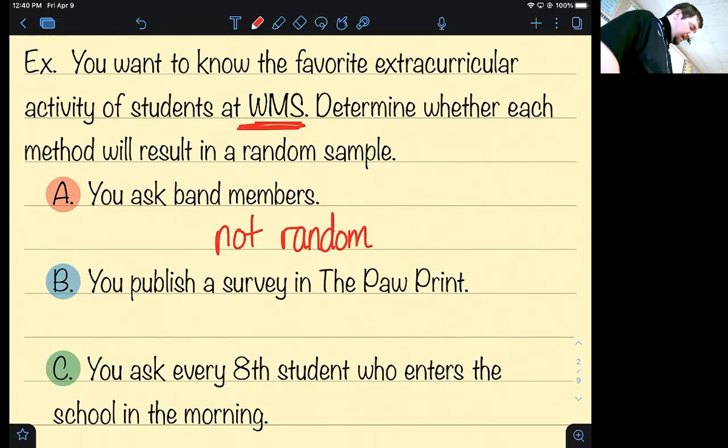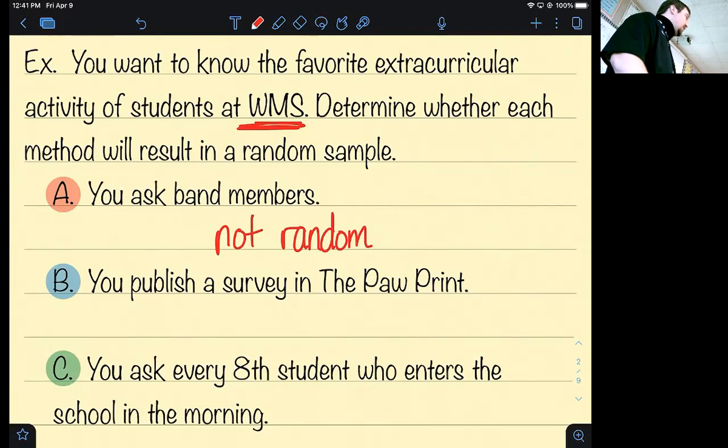What if I published a survey in the Paul Print? Does everyone have a chance of reading that survey? Sure. Even if you don't pay a quarter for the paper copy, you could get it off the school's website, right? Now, you could argue, well, not everybody reads the Paul Print.